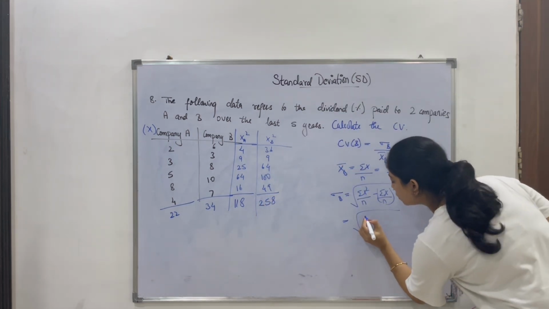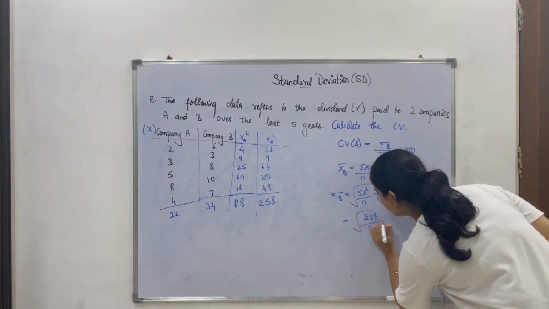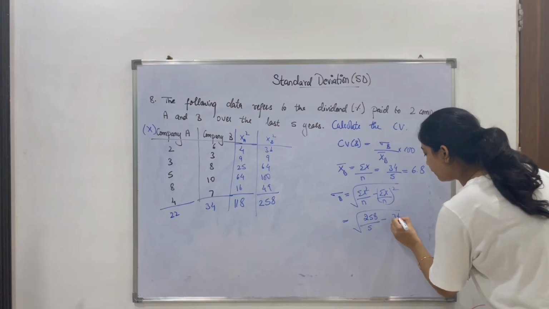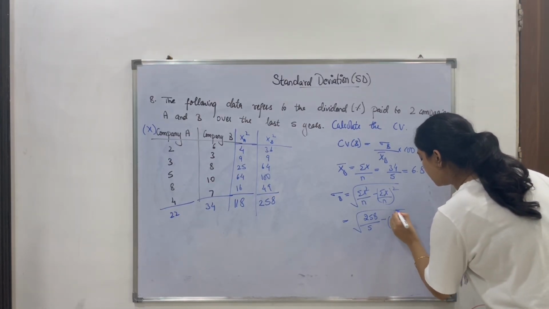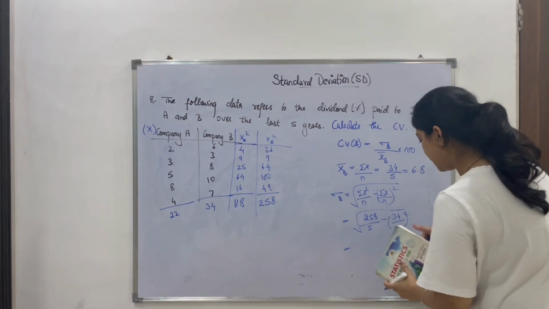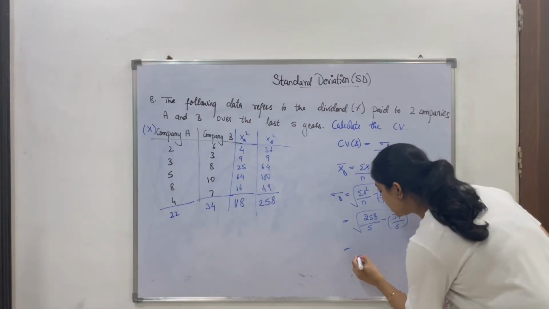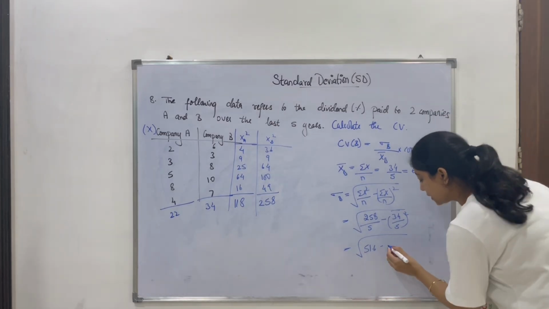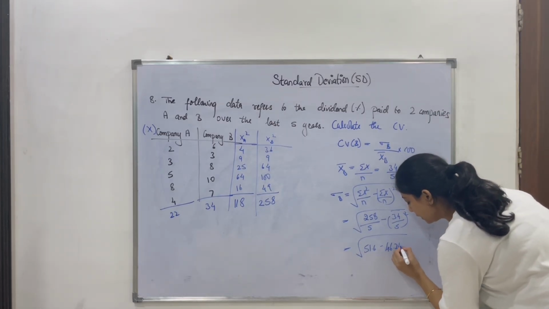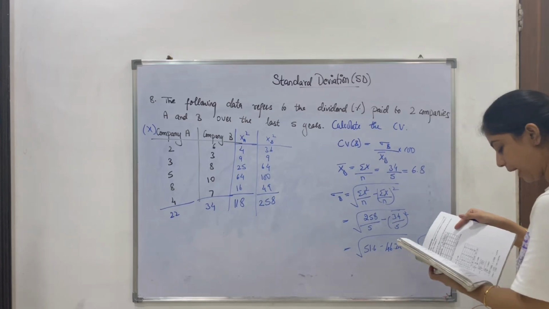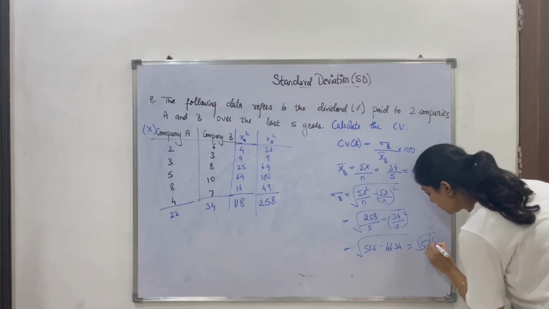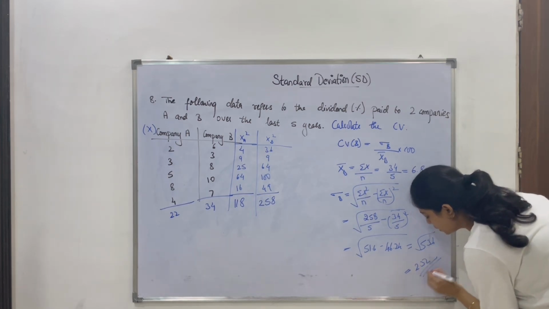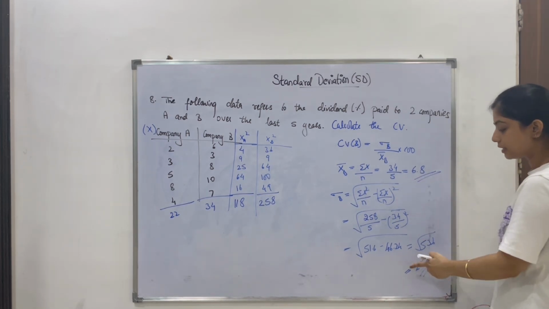Okay, so 258 upon 5 minus summation x is 34 upon 5 the whole square. And the answer for this after calculating is 51.6 minus 46.24. And the root value after subtracting you get 5.36, and the final answer for the root is 2.32. So this is the value of the mean and this is the value of standard deviation.